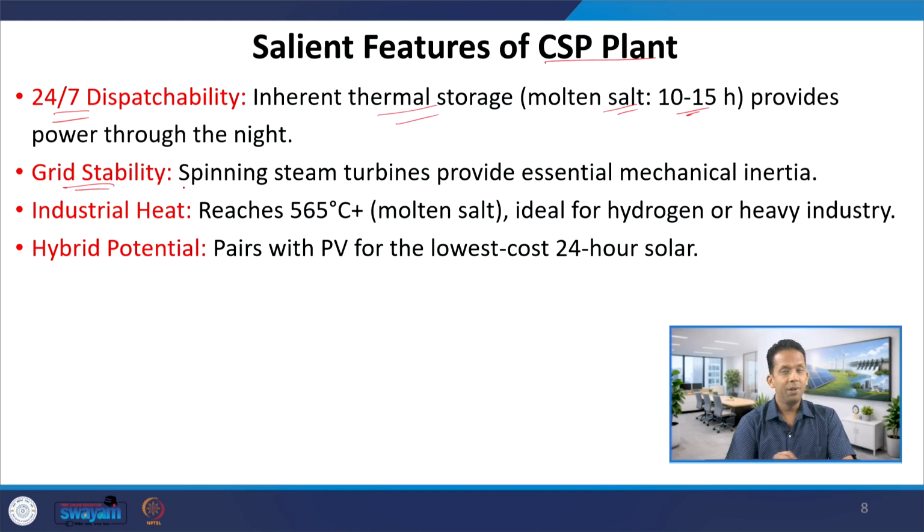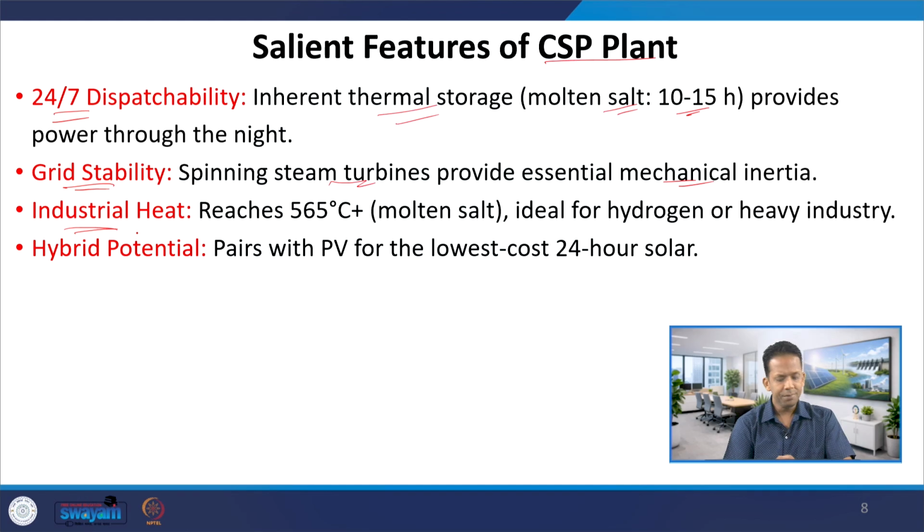Grid stability: because it makes use of traditional spinning turbines, they provide this mechanical inertia or momentum and frequency response, which are critical for maintaining grid health and stability, and it also helps to avoid blackouts. Again, a feature which solar PV panels lack, but solar thermal plants will have it.